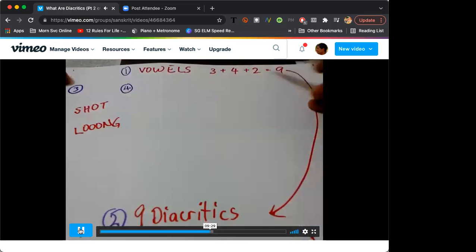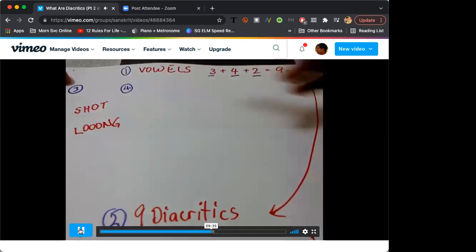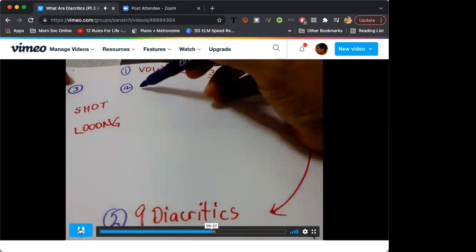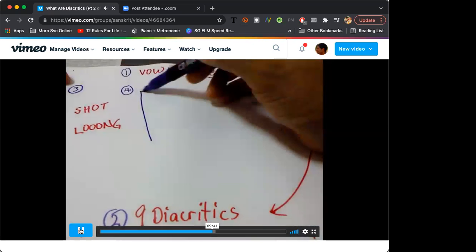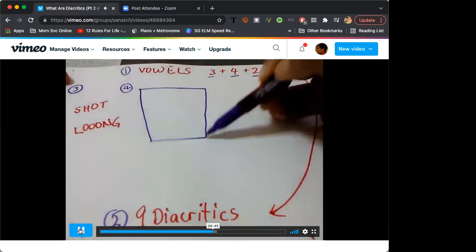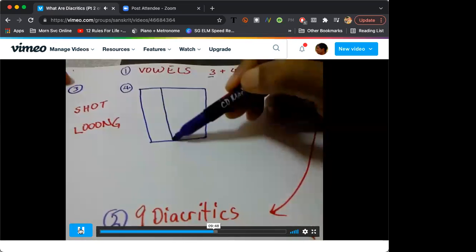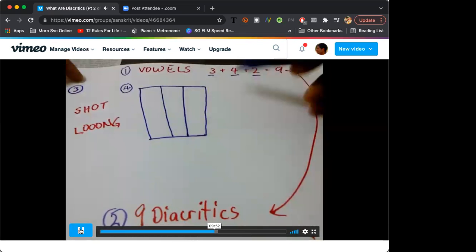The columns will follow the 3 columns, 4 columns, 2 columns. So 1, 3, then 4.